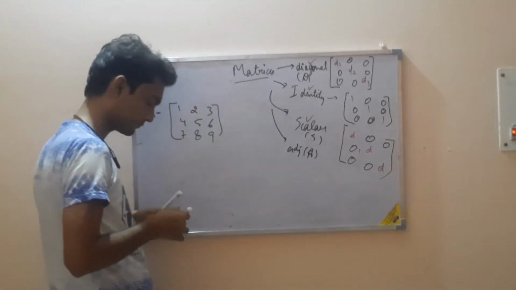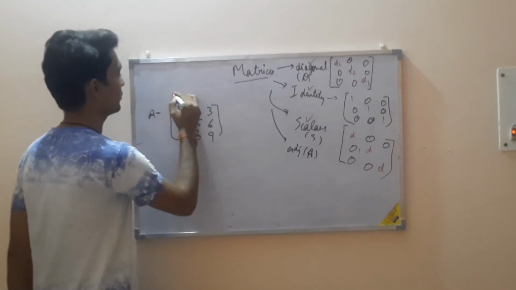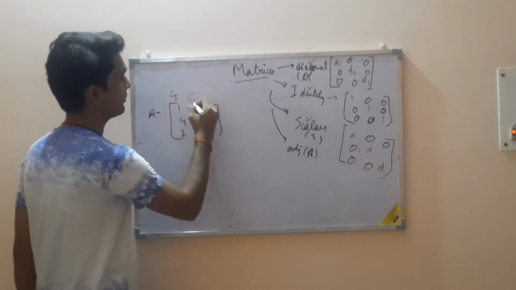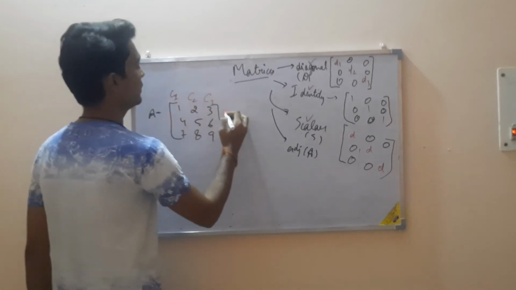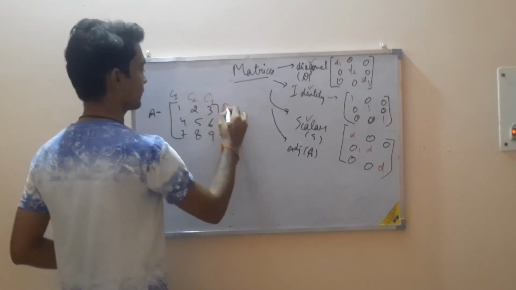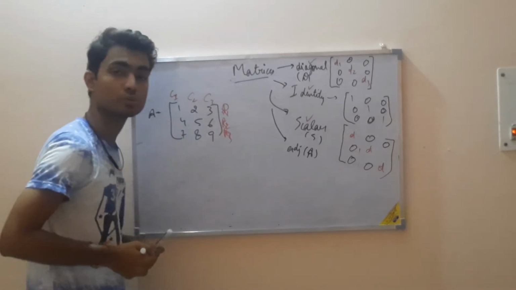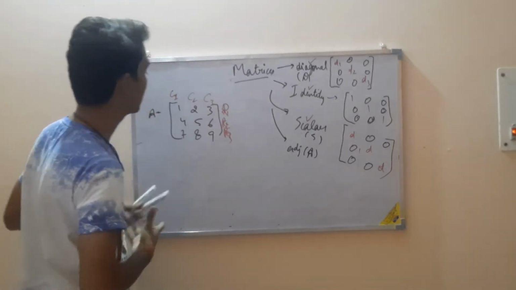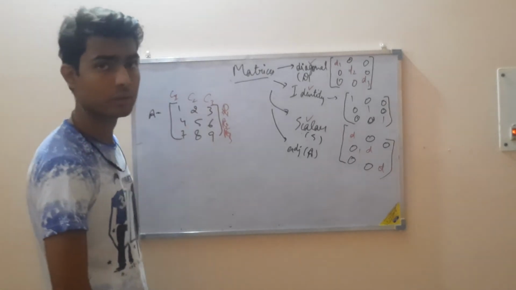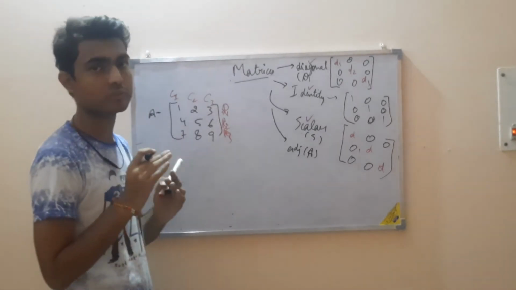Let's call these column 1, which we can call C1, column 2, and column 3, and this is row 1, row 2, and row 3. As I have told you, we interchange column and row correspondingly.